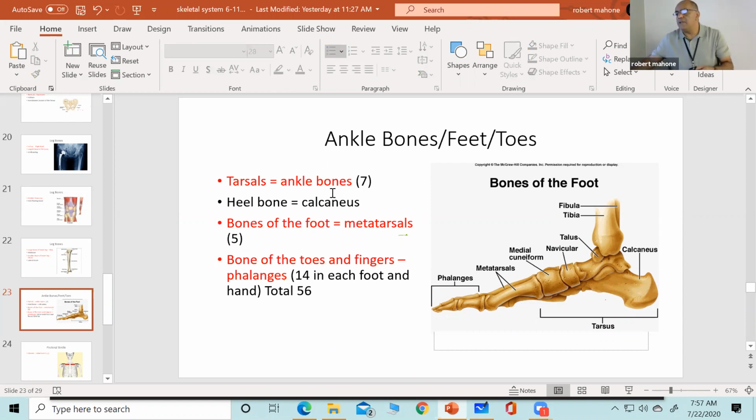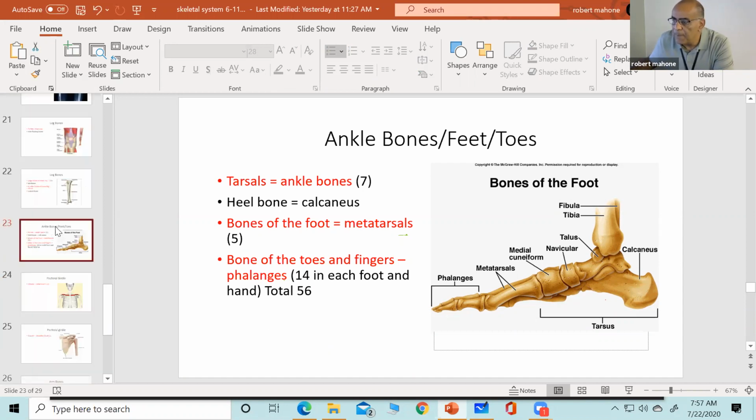And the heel bone, the largest of our ankle bones, is called the calcaneus. So that brings us all the way down to the toes and all those bones down there.